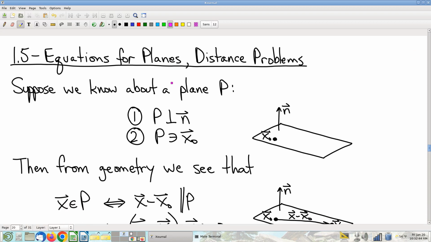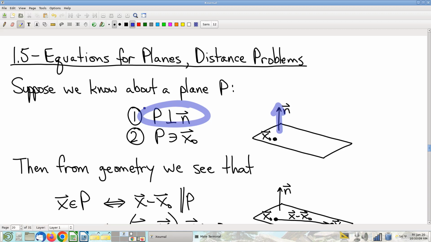Okay, so let's talk about the equation for a plane. How do we write down the equation for a plane? And which plane, you ask? I've got to tell you what the plane is before we can write down the equation for it. Now I'm going to describe the plane by way of two things. A vector n that is perpendicular to the plane.